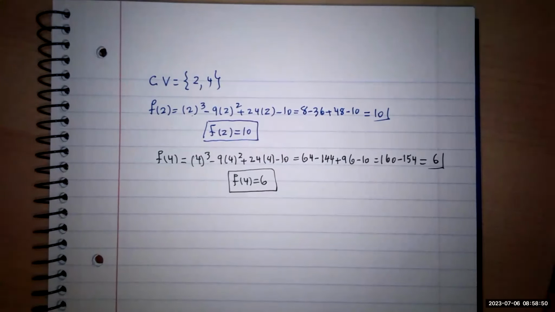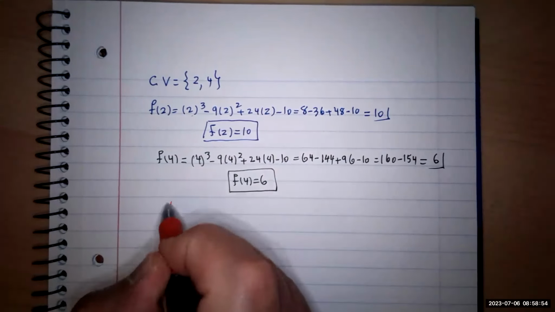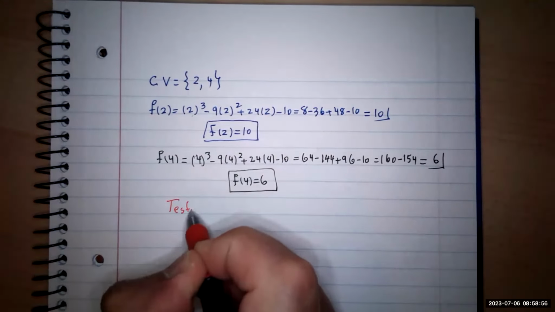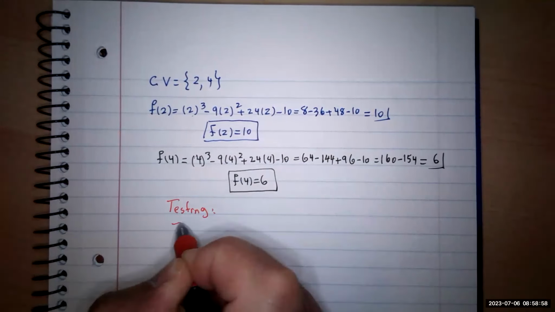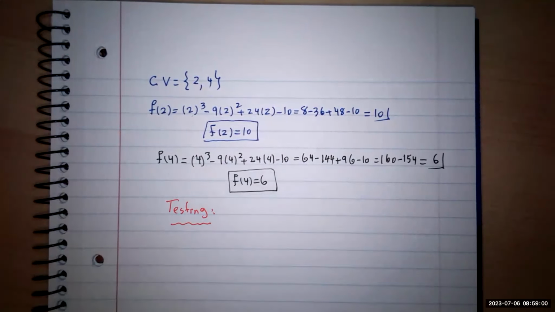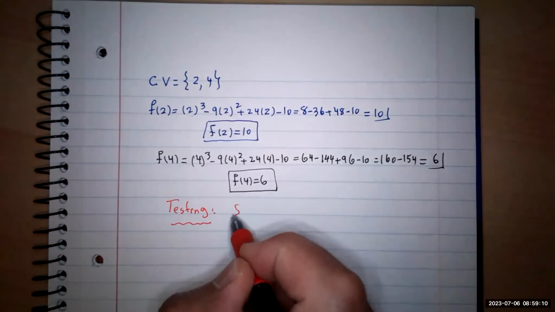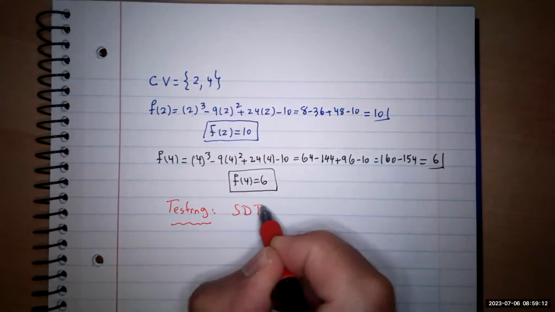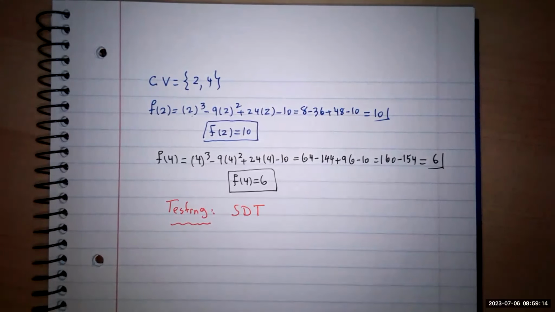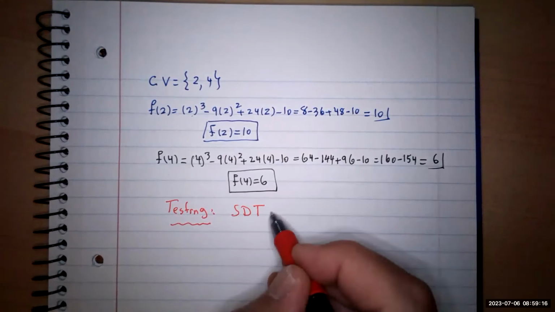Now you have to test it. Test for the maximum. We call it testing. You see, we have two options: first derivative test and the second one. But in this problem, they ask you to use the second, so you have to. So we are going to use the second derivative test.